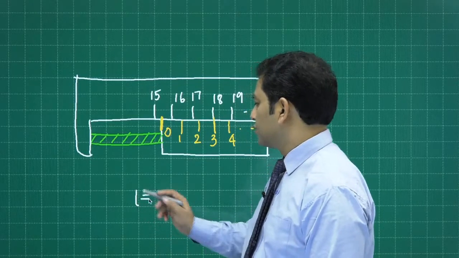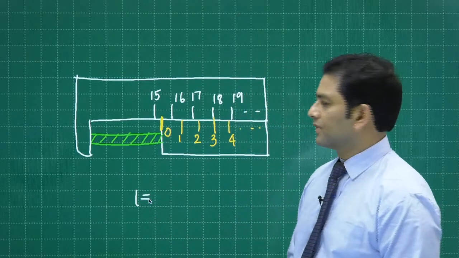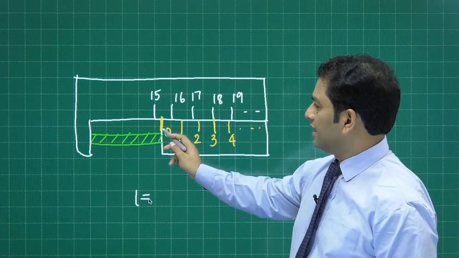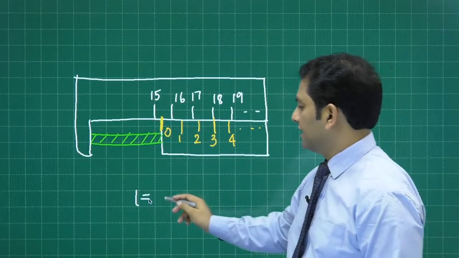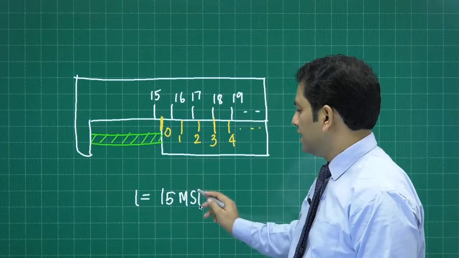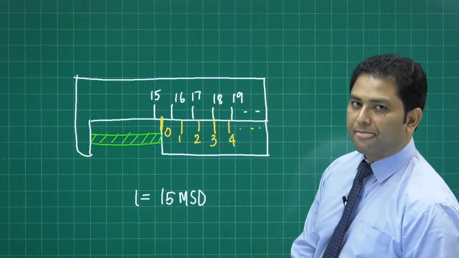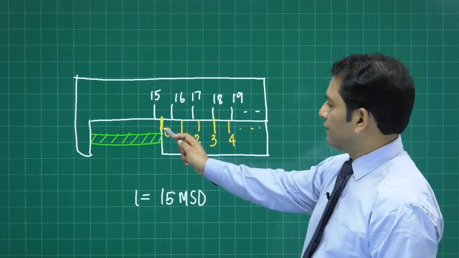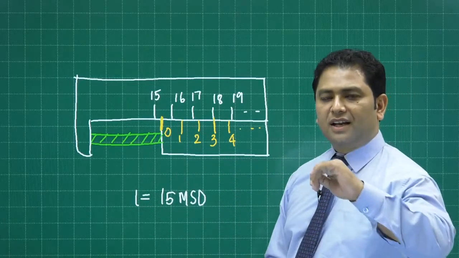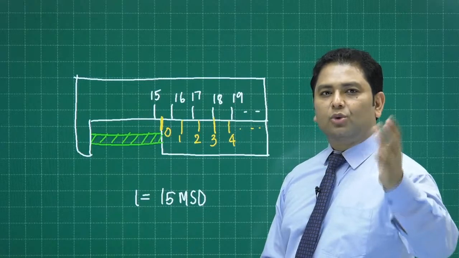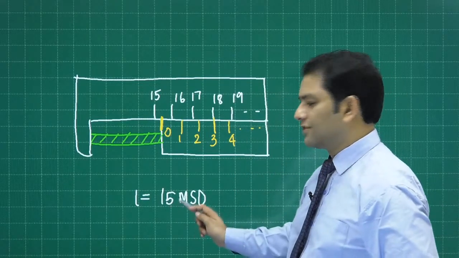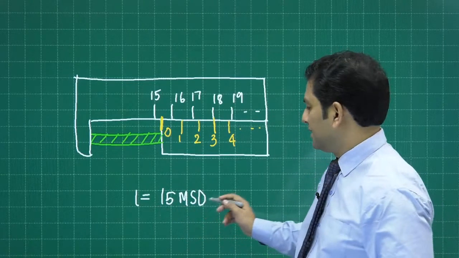That length is going to be equal to, first of all, have a look: 0 of vernier is between 15 and 16. So that's going to be 15 main scale divisions. Why? Because the 0 of vernier is between 15 and 16. If 0 of vernier was between the 23rd and 24th main scale, that would be 23 main scale divisions.